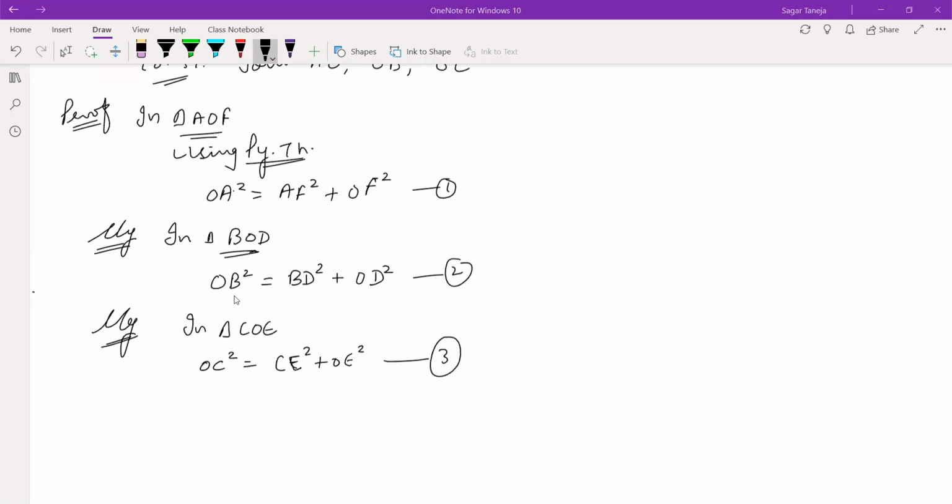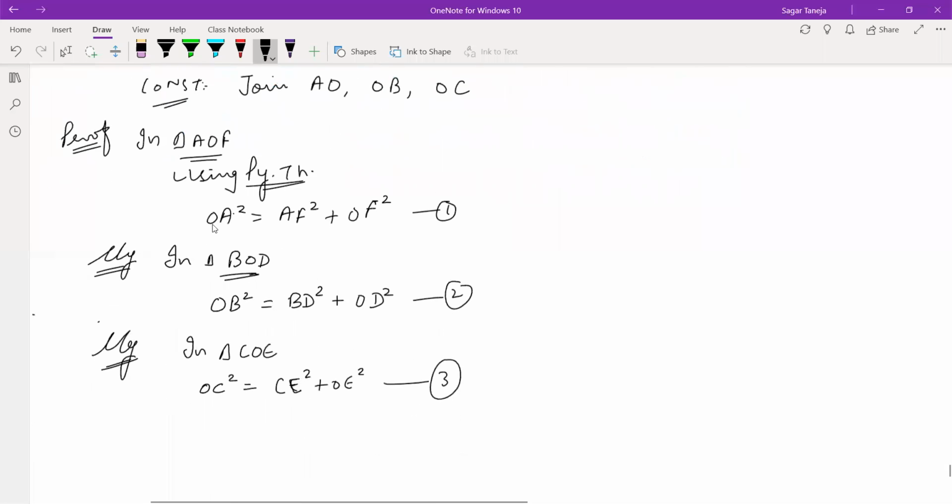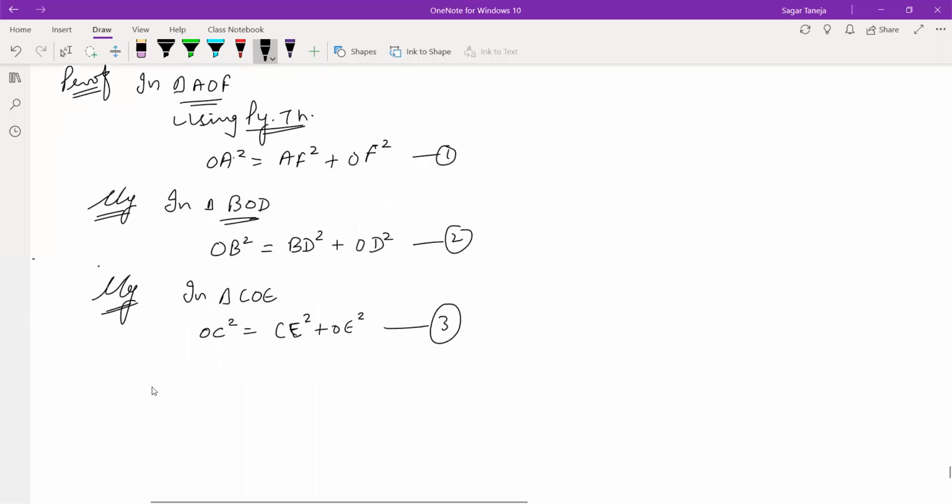After this, look here in the solution. OA, OB and OC, all of these three are in addition. It means if you have to add OA, OB and OC, then we have to add all these three equations. So just add equations 1, 2 and 3.